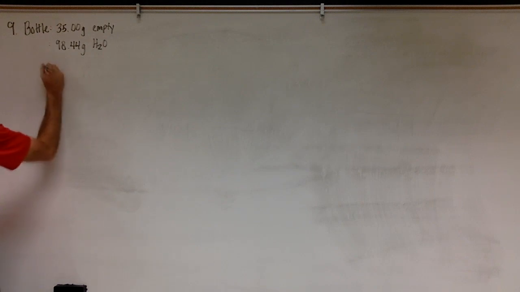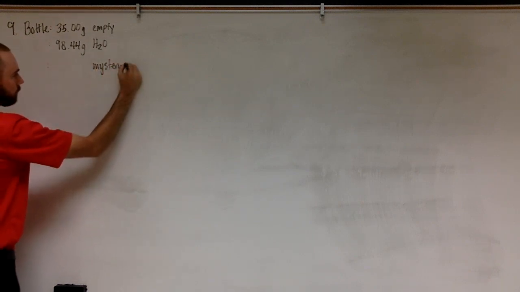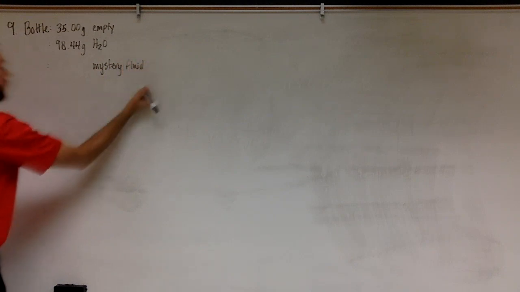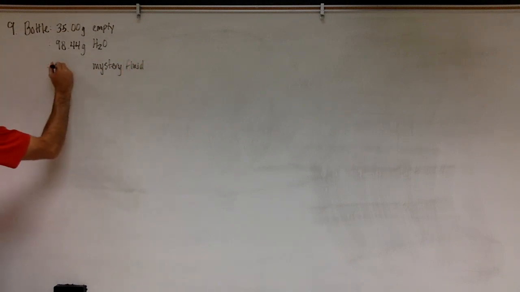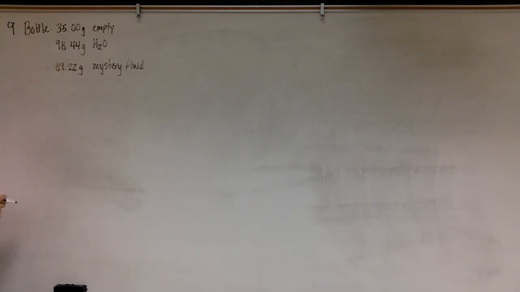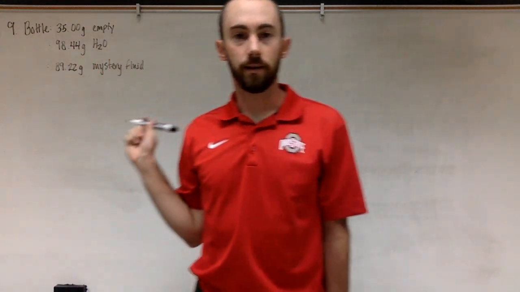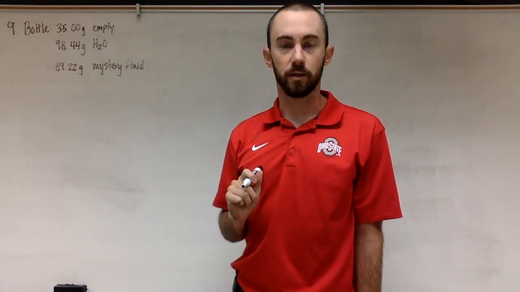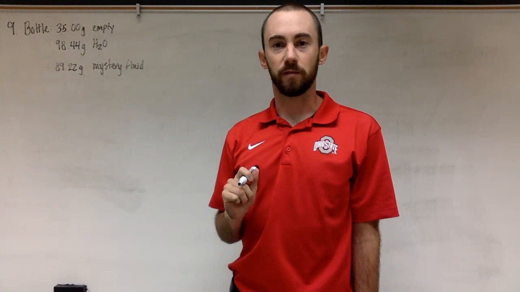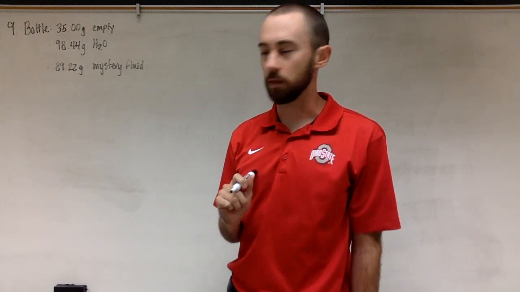Now I fill it with a new fluid. So this is my mystery fluid. When it's filled with this fluid, it has a mass of 89.22 grams. I want you to try and determine what the specific gravity of the mystery fluid is. Go ahead and pause the video now, and when we come back, the explanation will be up on the board.